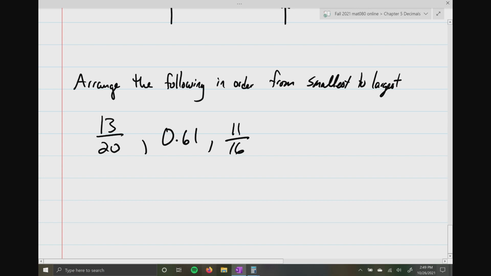So the first thing you're going to have to do is convert 13 over 20 and 11 over 16. Now, I'm going to leave you to do that, but I'm going to tell you that 13 over 20 is 0.65 and 11 over 16 is 0.6875. Now, please practice doing this because it's really important.